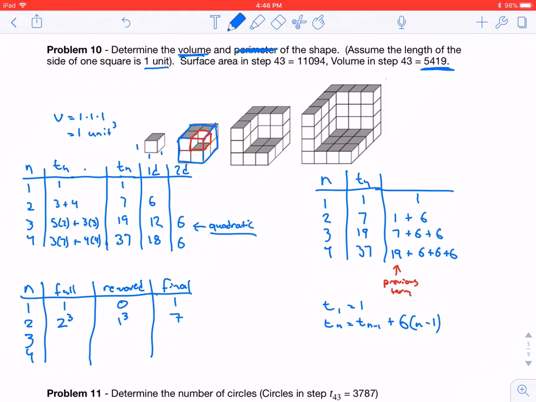In the third case, the full would be 3 cubed, the removed would be 2 cubed, and so this is going to be 27 minus 8, which will be 19. And then we have 4 cubed and 3 cubed, which would be 64 minus 27, which would be equal to 37. Okay? So that's a different way to think about it.